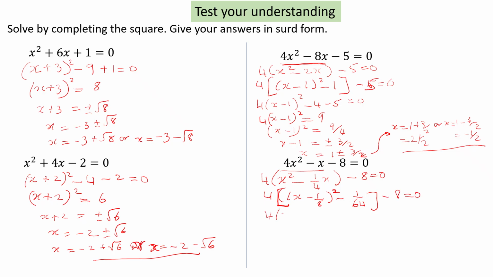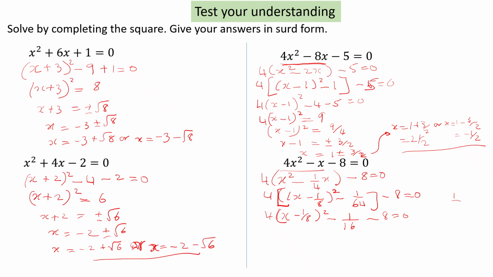4 times (x minus 1 over 8) squared, minus 4 times 1 over 64, which is 1 over 16, minus 8 equals 0.